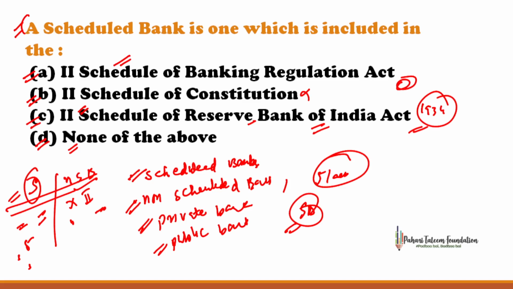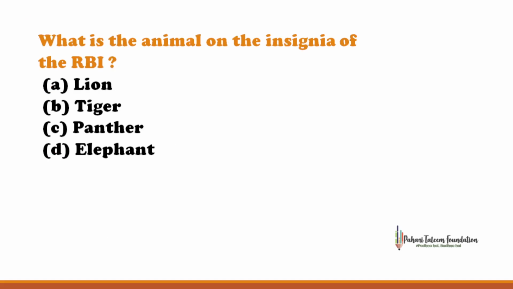They maintain the cash ratio with themselves. They are not allowed to borrow funds from the Reserve Bank of India, and these banks are actually risky. So the scheduled bank is the one which is included in the second schedule of the Reserve Bank of India Act 1934.